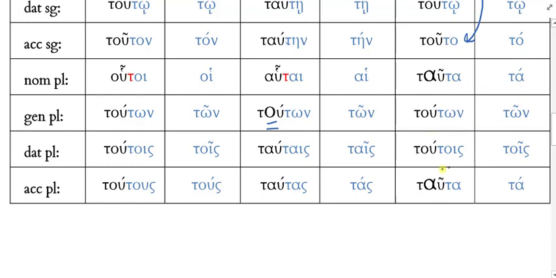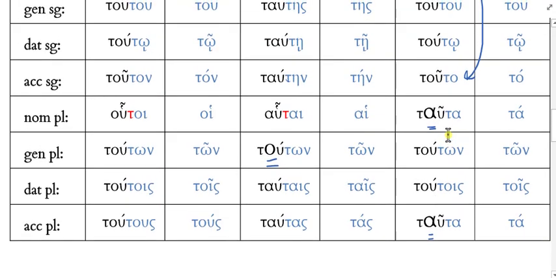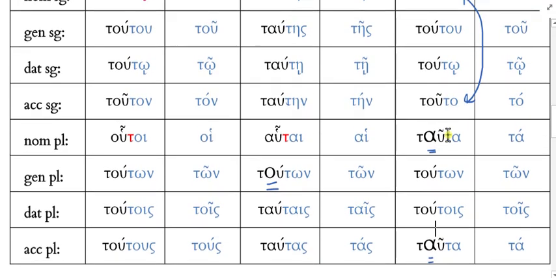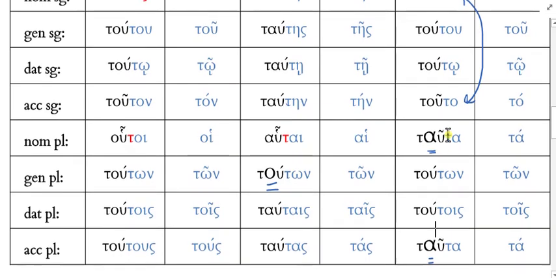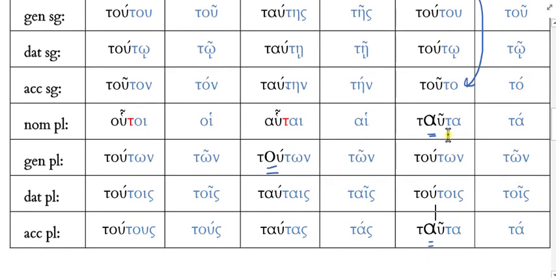Toutōn, toutois, tauta. What do we see that's different on the front end? Here I have the alphas instead of the omicron-upsilon, right? Tauta, not touta. All right. So I've tried to make those big so that you can see where the differences are.